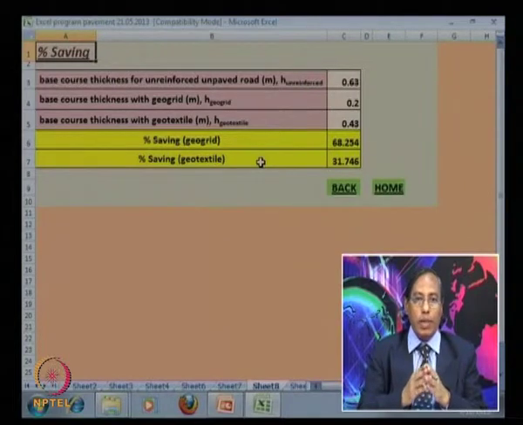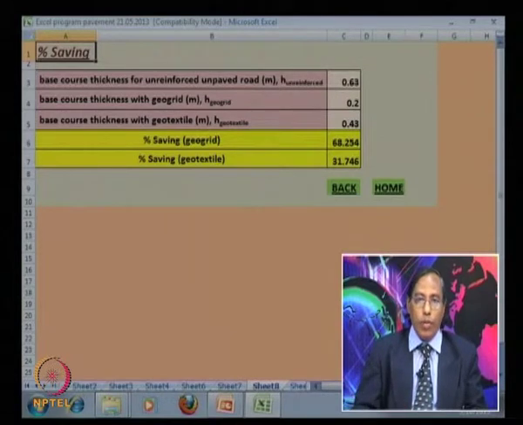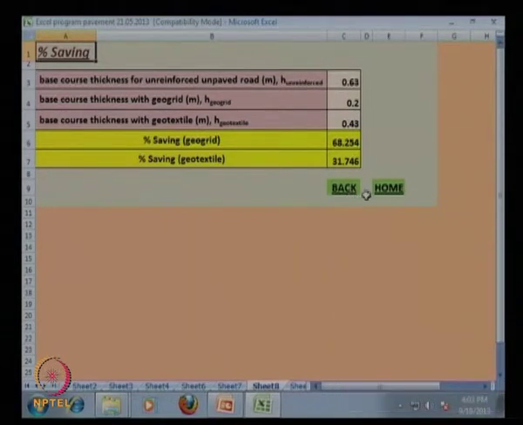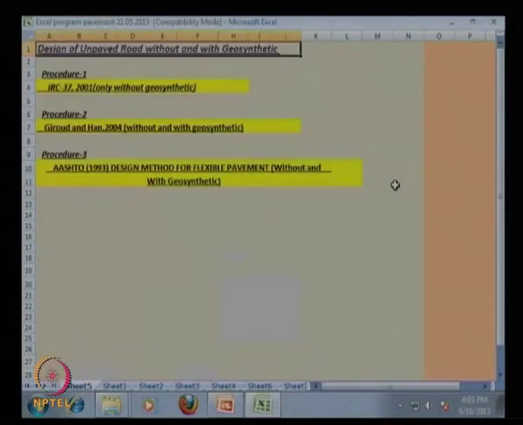So the percentage of saving in case of geogrid is about 68.254, whereas the percentage of saving in geotextile is 31.746. So we can see how geosynthetics can help to reduce the thickness of the pavement.